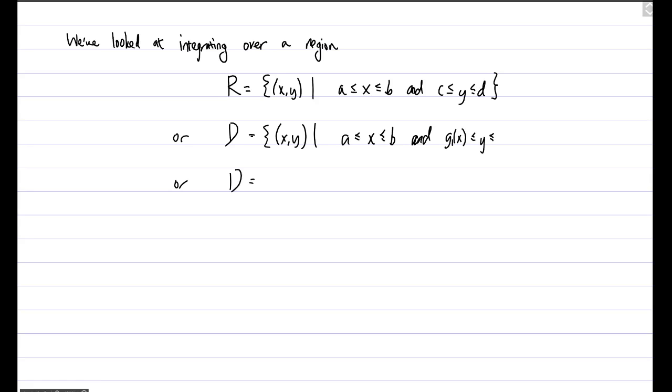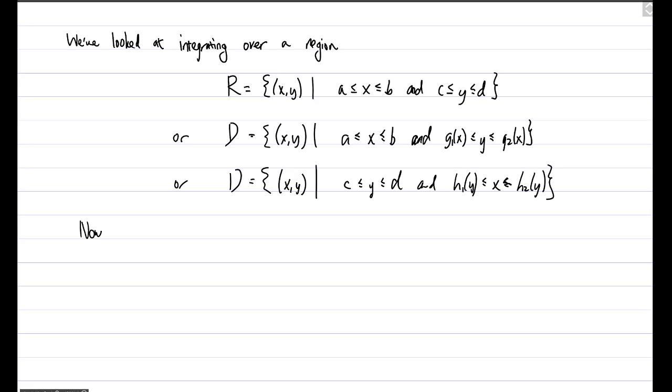So like g sub 1 of x, g sub 2 of x. We also saw integrating over regions where now y was stuck between two constants, say c and d, and it was x that was stuck between two functions of y, such as h sub 1 of y at the small side and h sub 2 of y on the big side.